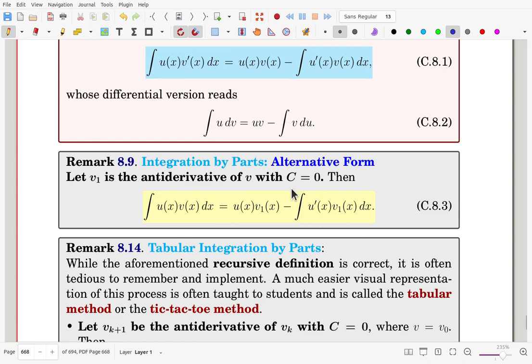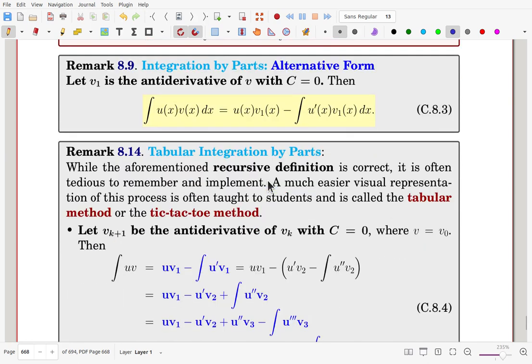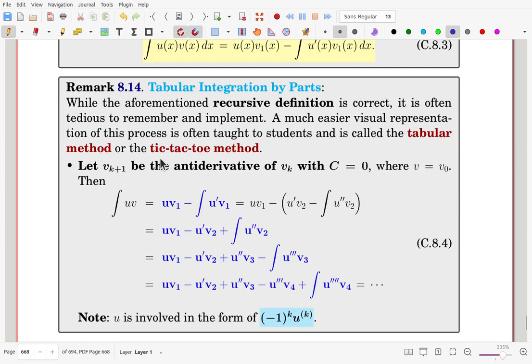If this integration by parts is applied recursively, then we can get the so-called tabular method or the tic-tac-toe method. Let Vk plus 1 be the antiderivative of Vk with the integration constant 0.